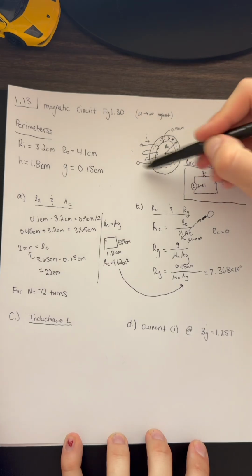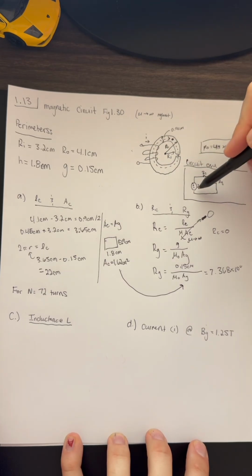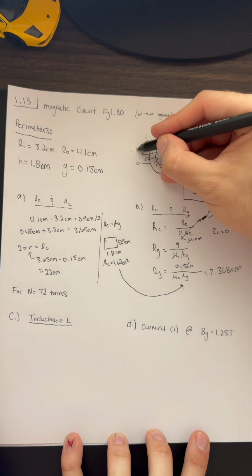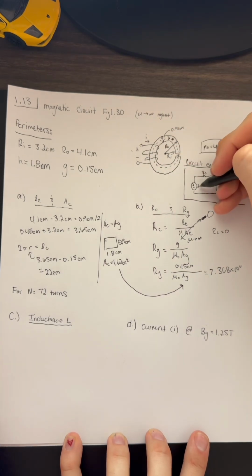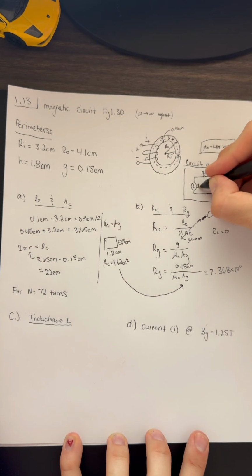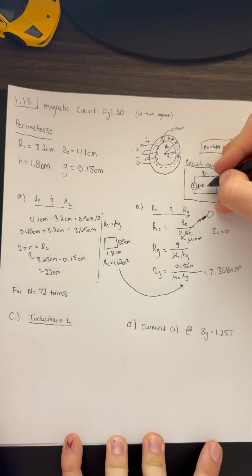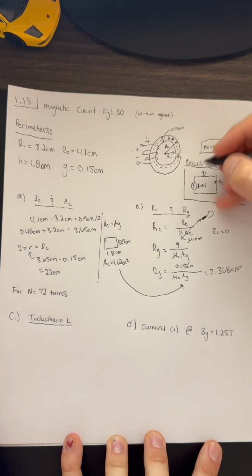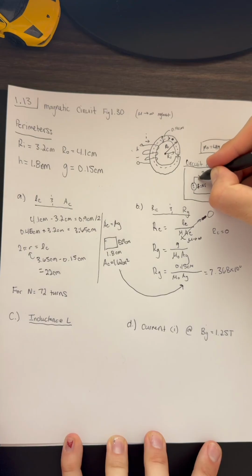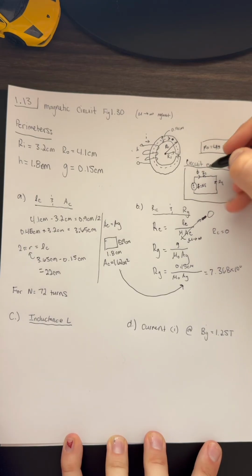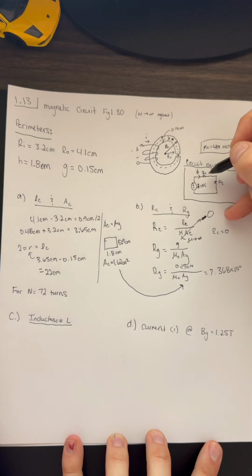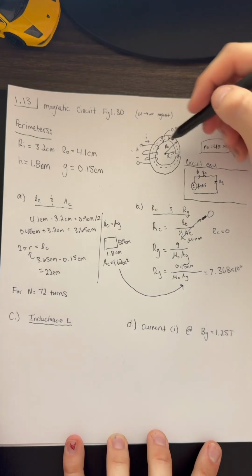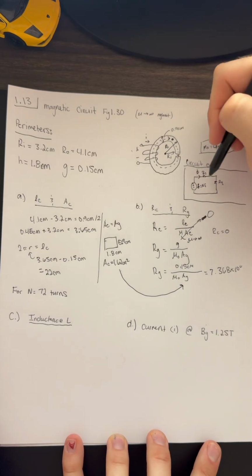Okay, so here's a source. For this inductor, we can write it as a source, because this is a source supplying F equals Ni, the number of turns times I, equal to this source here. And here is phi, which acts as our current, and RC and RG we can relate as resistors.